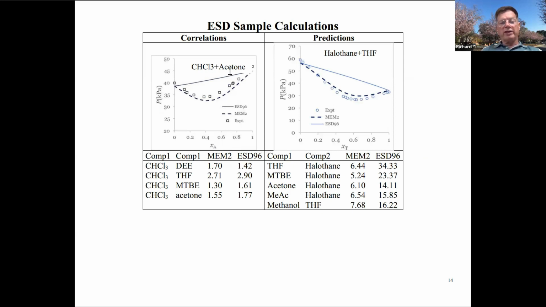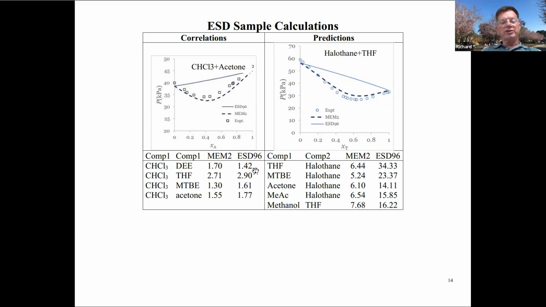Then once we've characterized acetone and chloroform, we can use that chloroform energy and characterize diethyl ether, tetrahydrofuran, MTBE, and then show the amount of deviation in the VLE behavior for the MEM2 compared to MEM1.